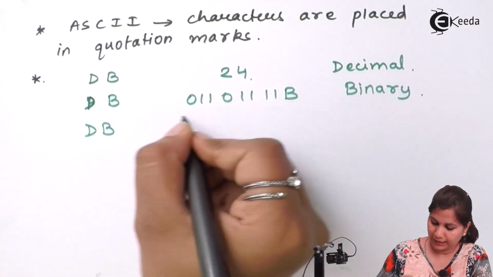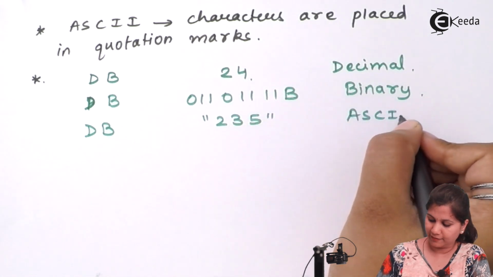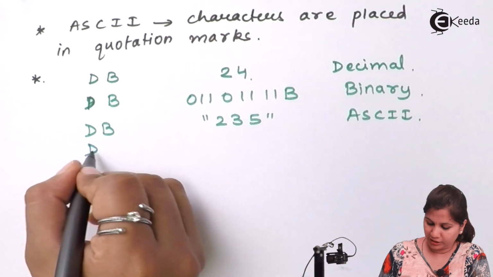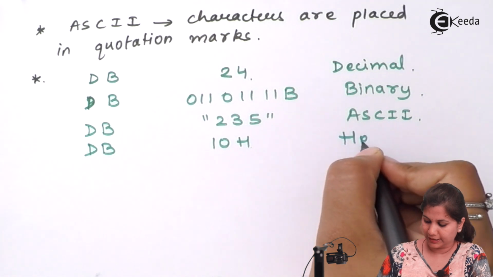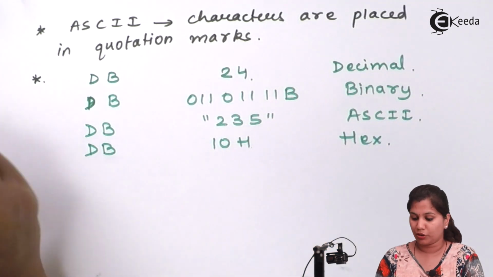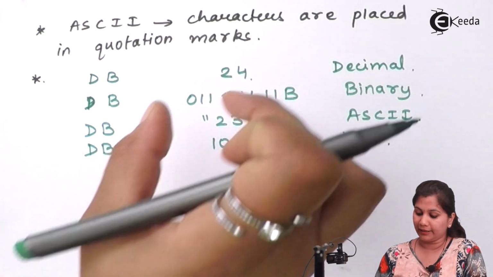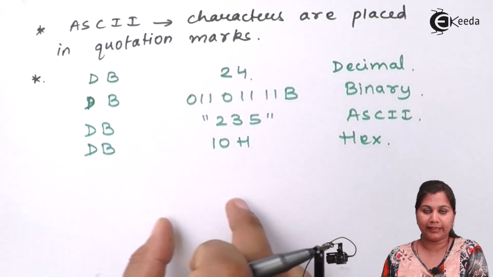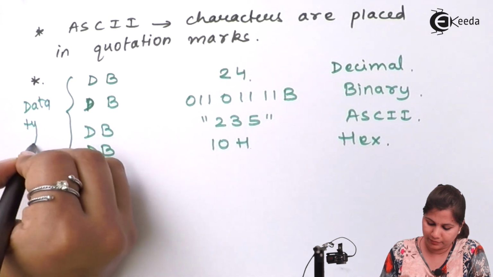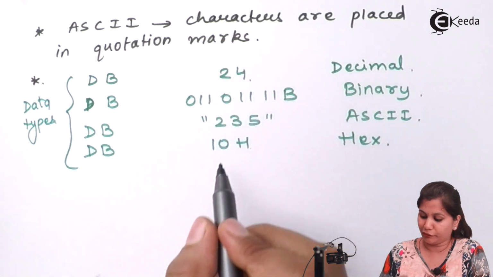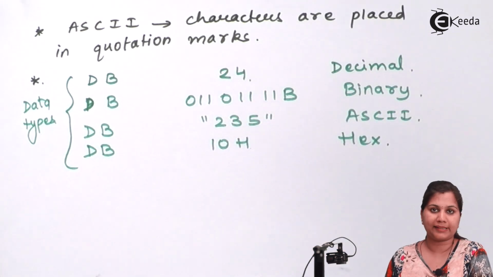If DB and the characters in quotation marks are written, it means that it is in ASCII format. If we write DB and then 10 and H, it means that it is in hexadecimal notation. In this way, we can define the byte or character in different formats. With the help of their format we can know in which representation the number is present.